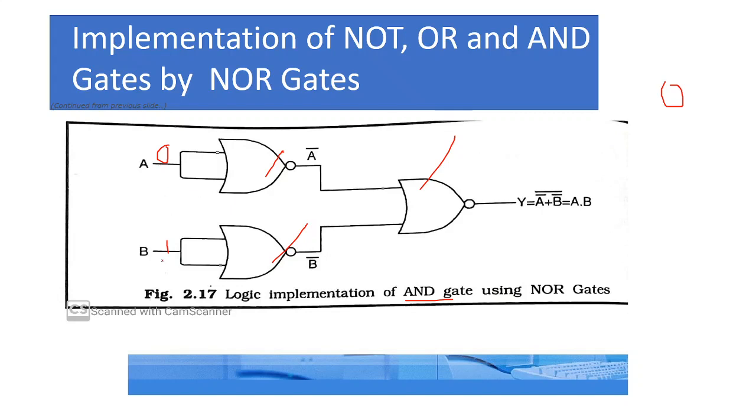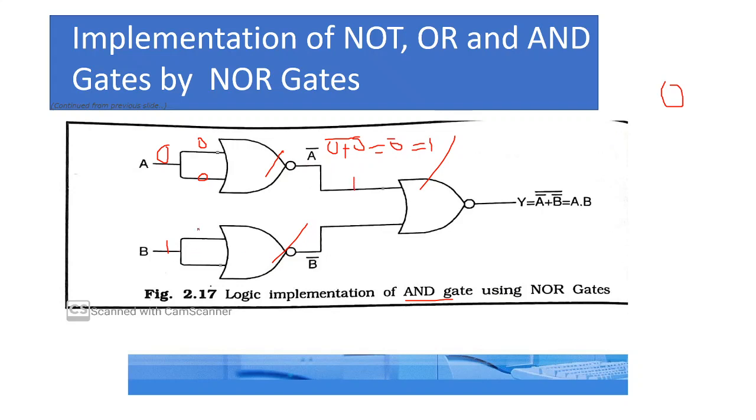A is equal to 0, B is equal to 1, so for the first NOR gate, we apply 0 here and 0 here, so the output is (0 plus 0) complement, which is 0 complement, and it is equal to 1. The complement of 0 is 1, so the output here is 1.